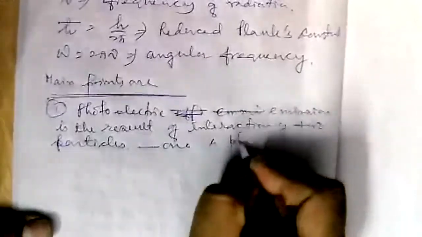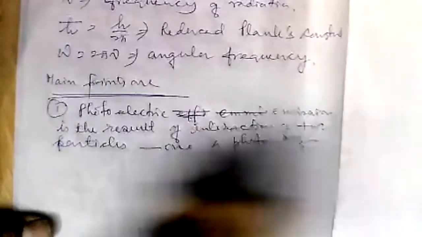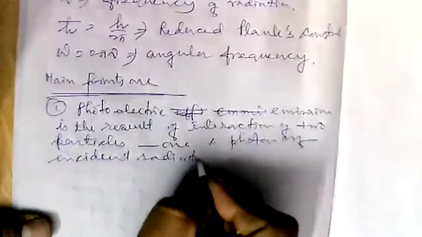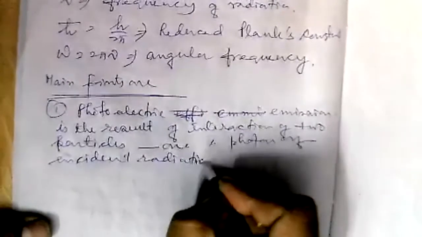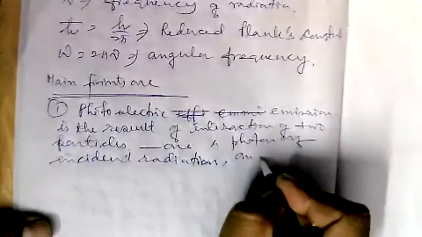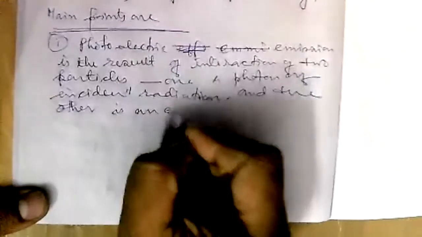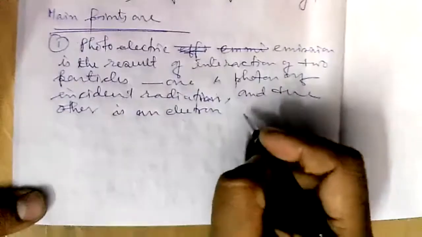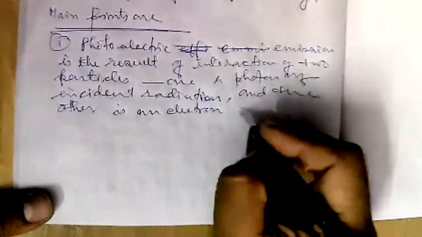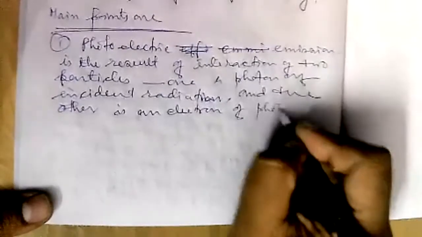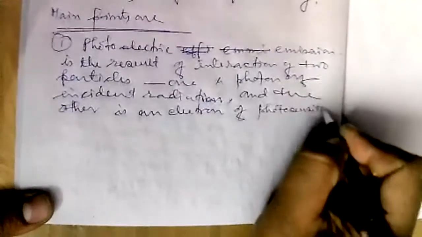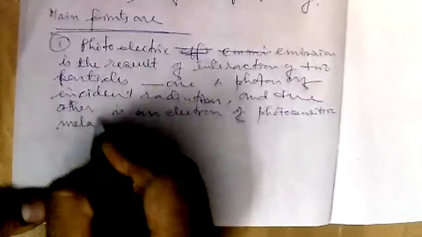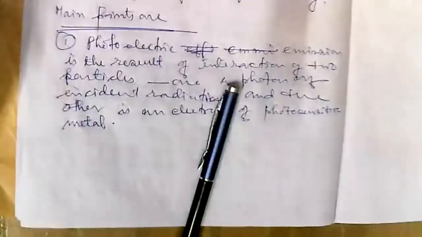One, a photon of incident radiation, and the other, an electron of the photosensitive metal.